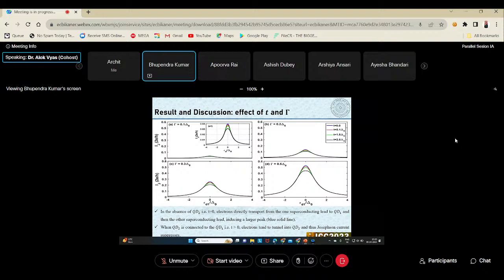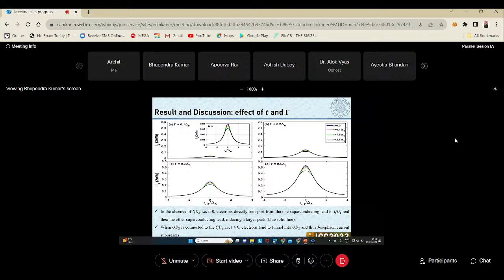When T equals 0, there is no quantum dot 2, no side dot, so we get the highest peak, which is shown in the blue color. Once we add the second dot, the Josephson current starts decreasing. This is because now the electrons tend to tunnel into quantum dot 2 also.